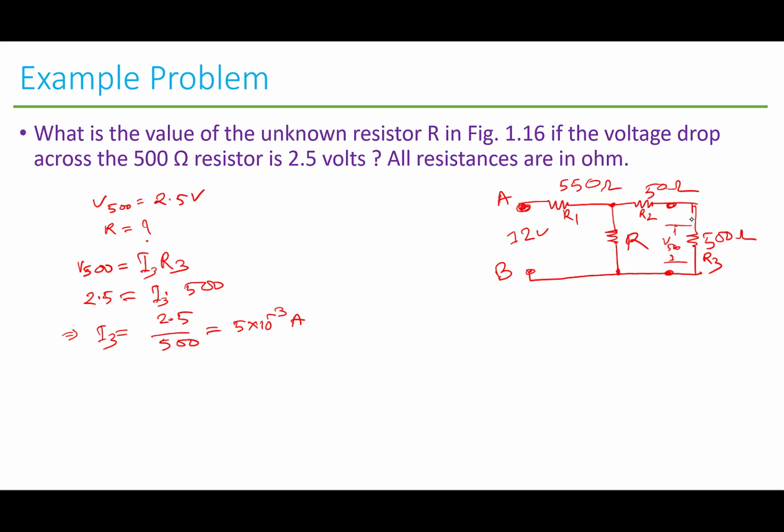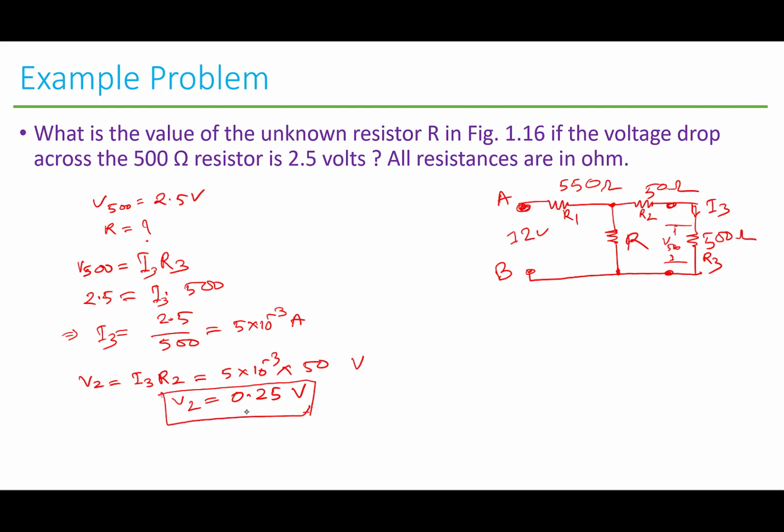Now the I3 current is flowing right here, so the same current is flowing through this 50 ohm resistor, right? Now we know that V2 can be calculated using I3 R2, 5 times 10 to the power minus 3 times 50, which is 0.25 volt.